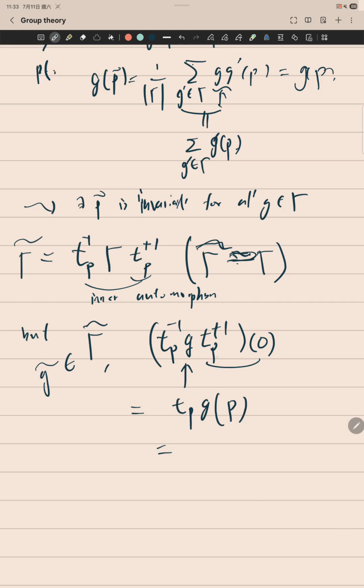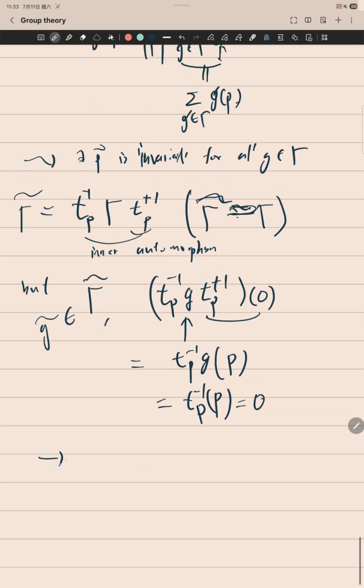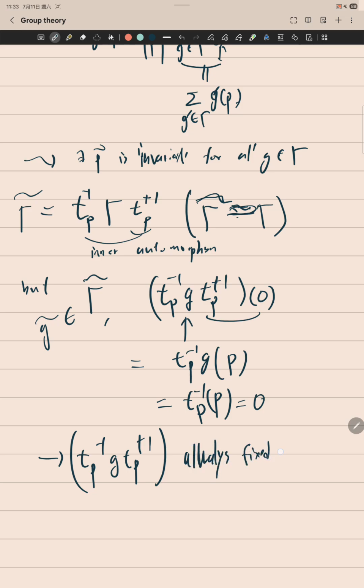I shift 0 to P, but G fixes P. So it's T_P inverse P. So it's P back to P. P translated with negative P becomes 0. So this shows that T_P inverse G T_P always fixes the origin.